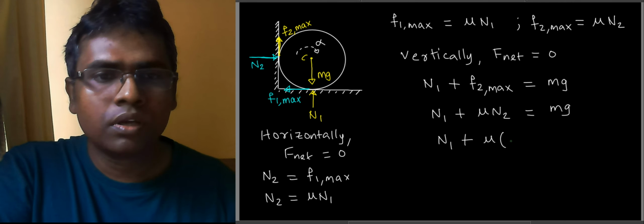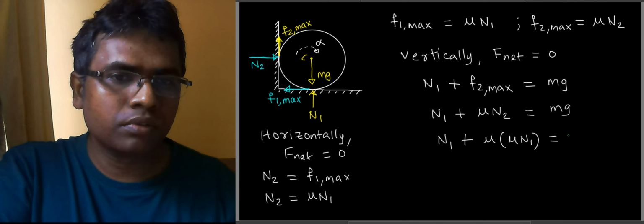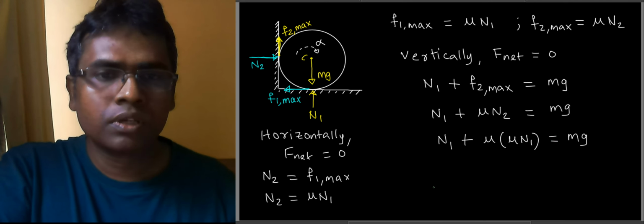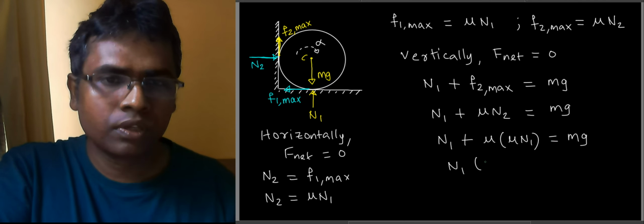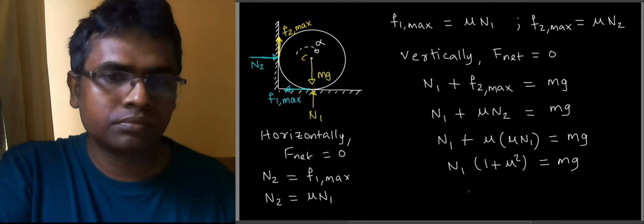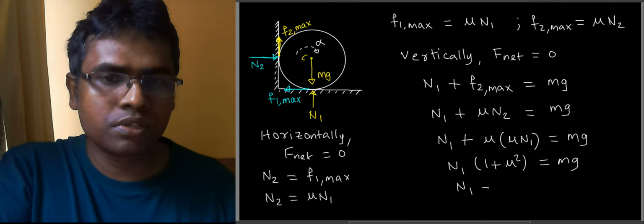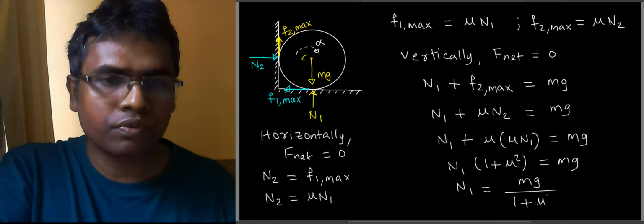So mu times N1 is equal to... from here, this is N1 into 1 plus mu square is equal to mg. So N1 comes out to be mg by 1 plus mu square.